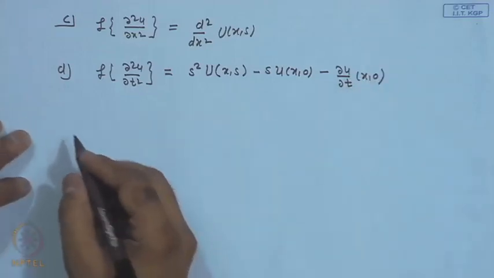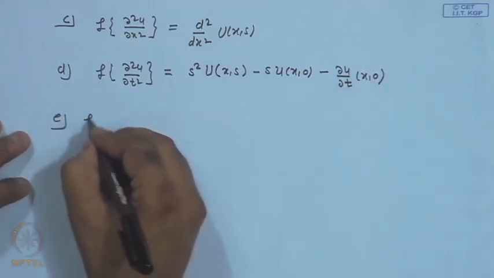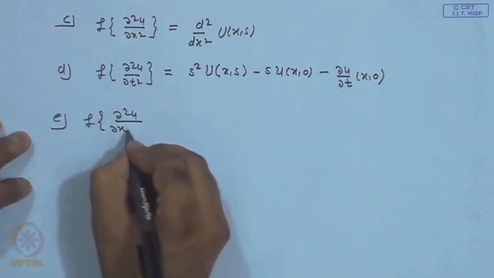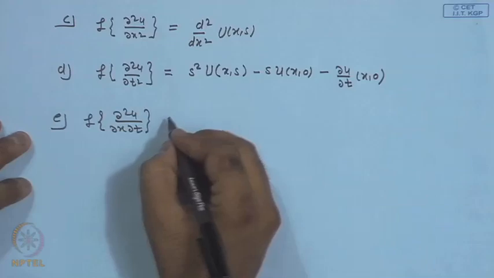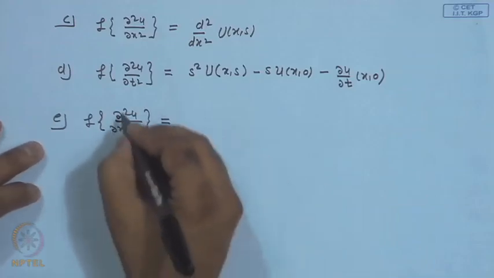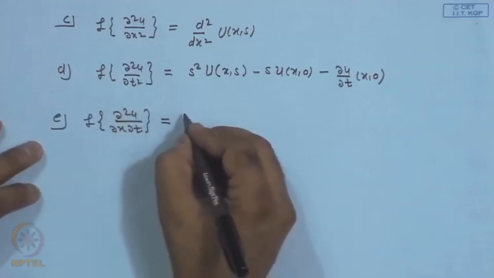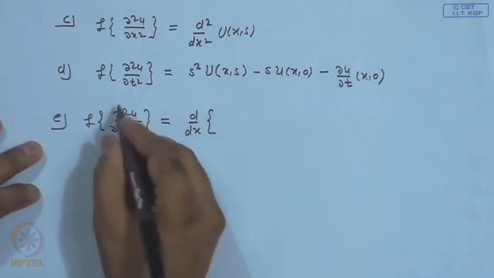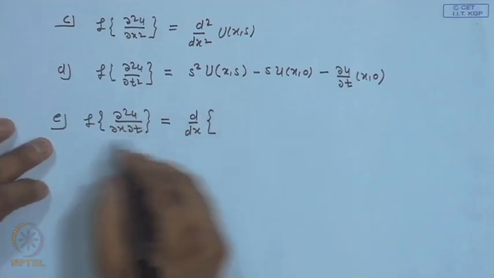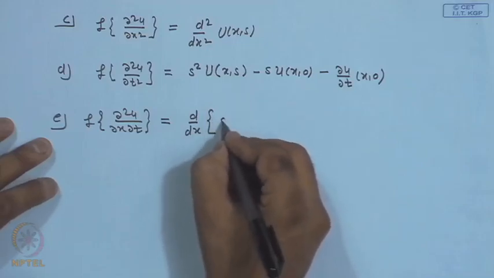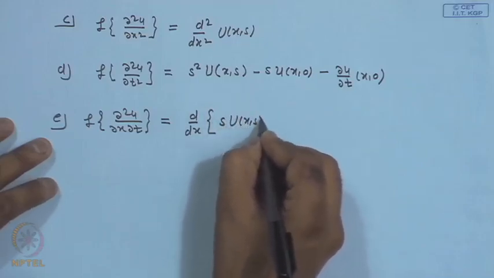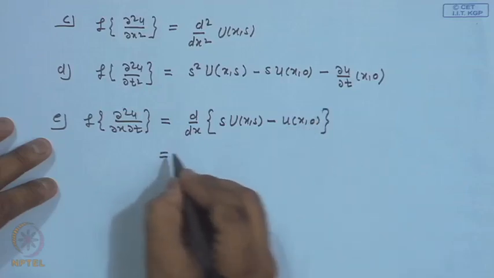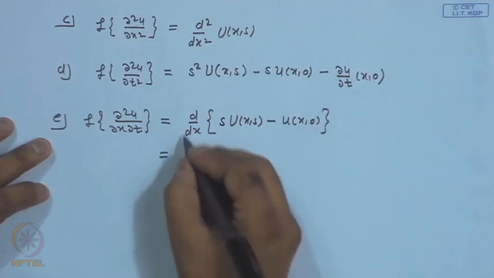So, this is for the second derivative. And the Laplace transform of del 2 u over del x del t, for the mixed derivative: for x we will not touch it, so we keep this as it is, d over dx, and then the Laplace transform of del u over del t, which as per the definition is U(x,s) minus u(x,0). Here s is constant with respect to x.